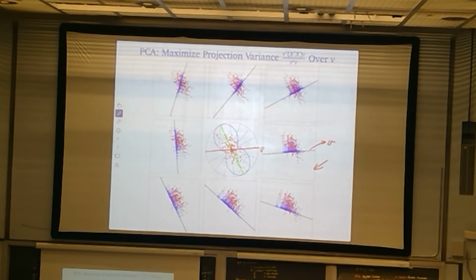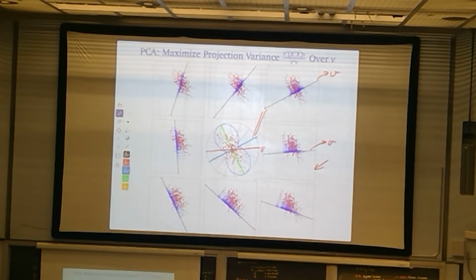Then you can calculate the variance, the spread of these blue points, the blue projections. Okay, so for each of these axes, for example, I choose a different line. For this V, which corresponds to this line, right? These are parallel to each other. I do the same thing.